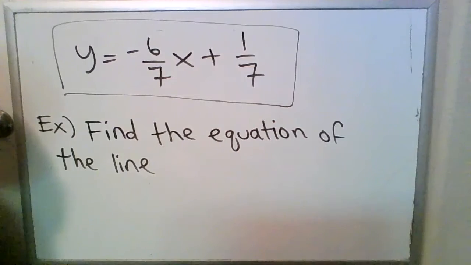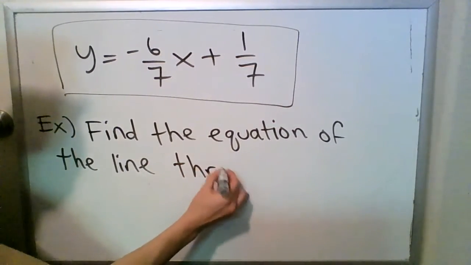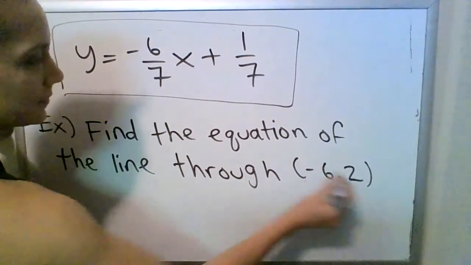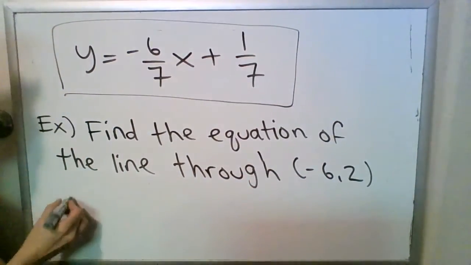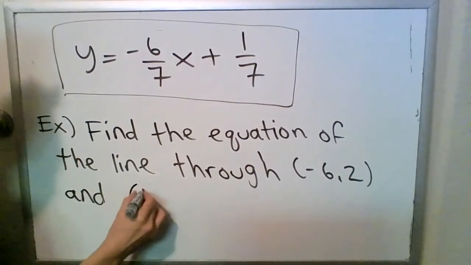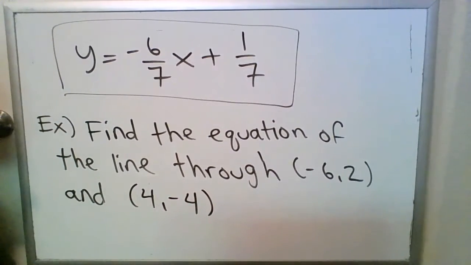The equation of the line that passes through (-6, 2) and (4, -4).